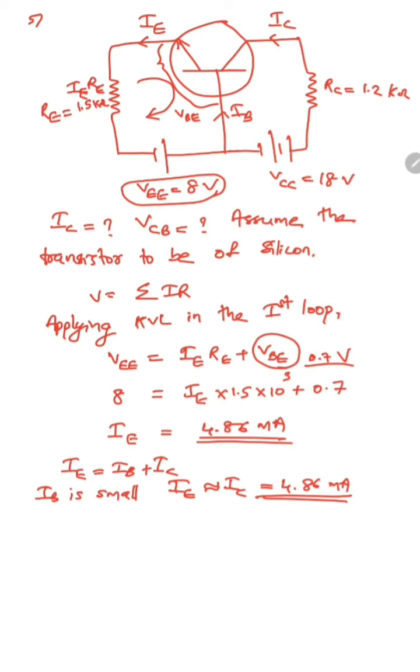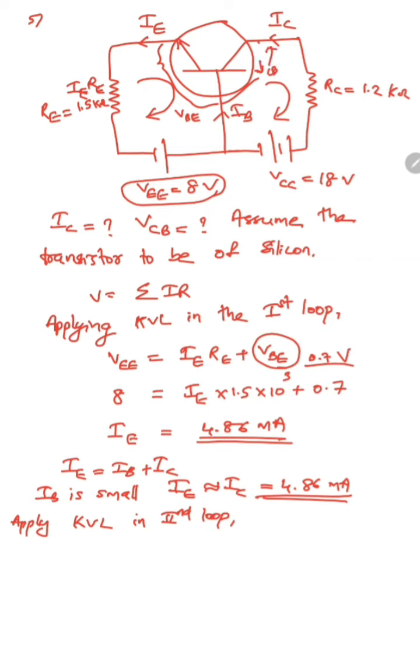Now you have to find out the value of VCB. For that you will have to take the second loop. In the second loop apply KVL. Similarly, the voltage across collector and base is called VCB.